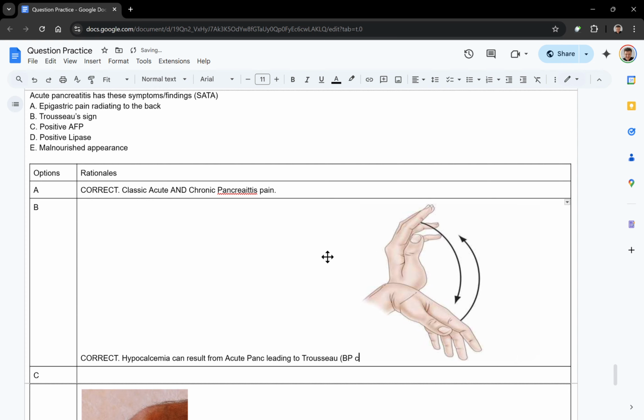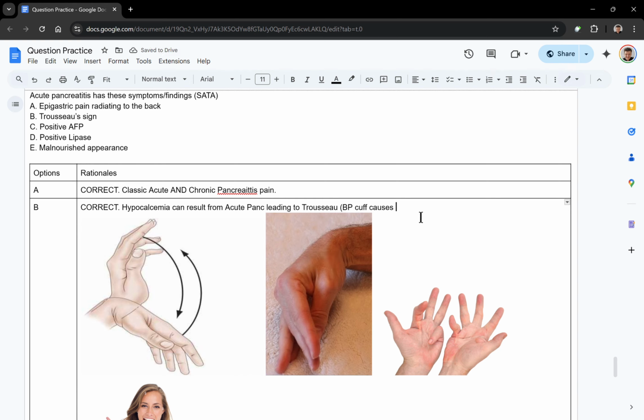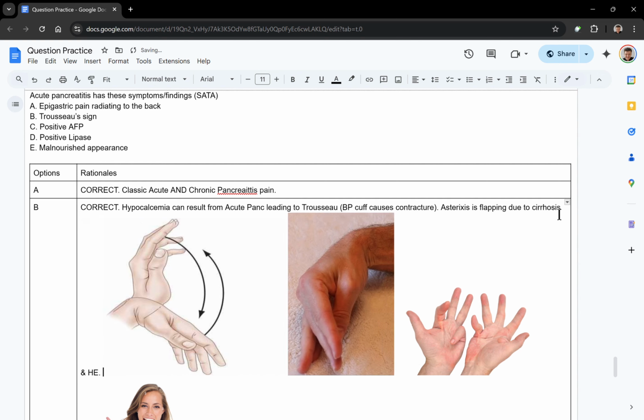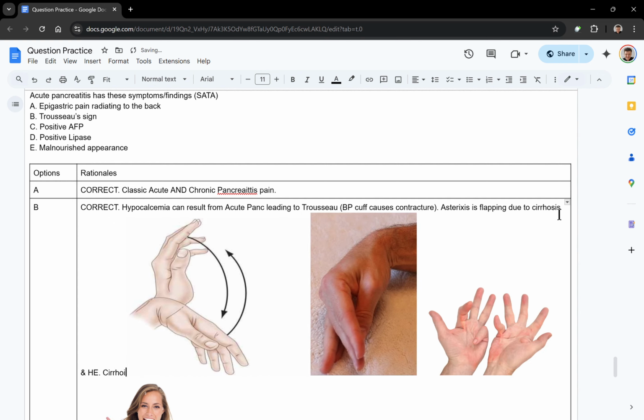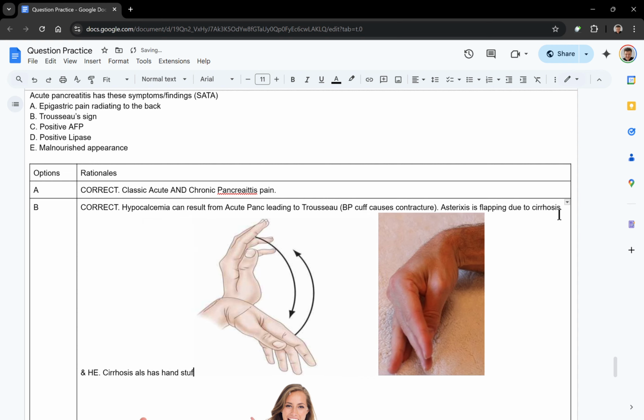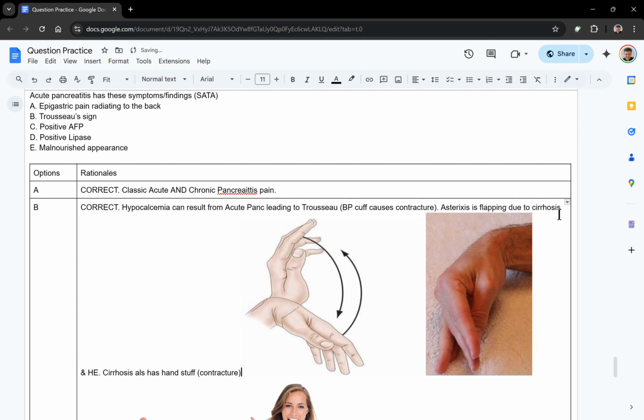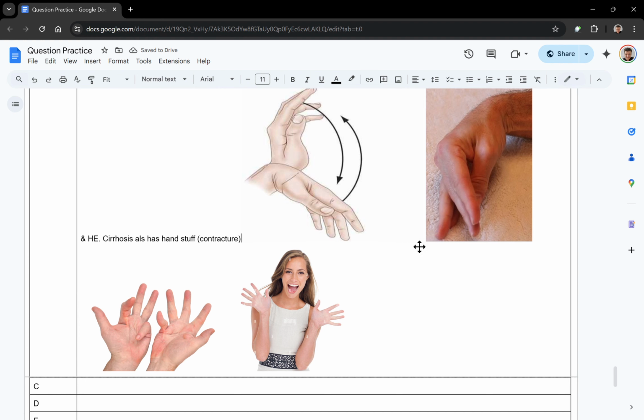If you don't know what Trousseau's is, you can think BP cuff, which causes contracture. Asterixis is flapping, due to cirrhosis and HE, hepatic encephalopathy. Cirrhosis can also have hand stuff, like Dupuytren's contracture, but that's just so you know the hand stuff. And this is jazz hands.